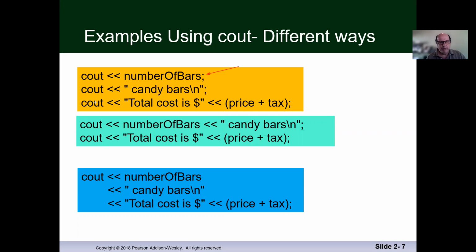I can put more than one in one line, and I just put the insertion operator, and then I separate them like that. Again, it's going to need only one semicolon for one cout. So I could do it this way, or I could do it this way.